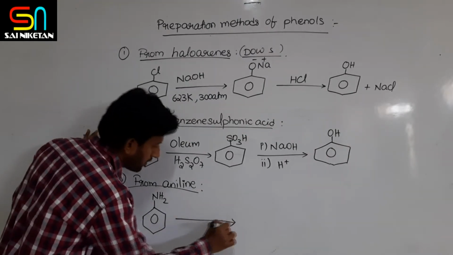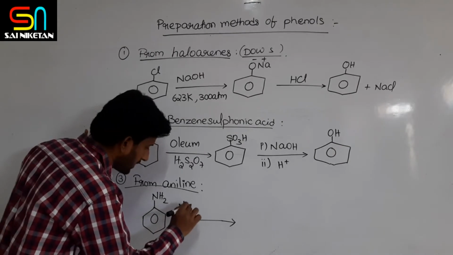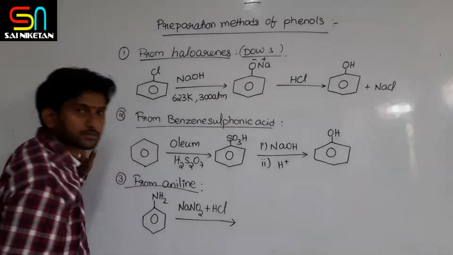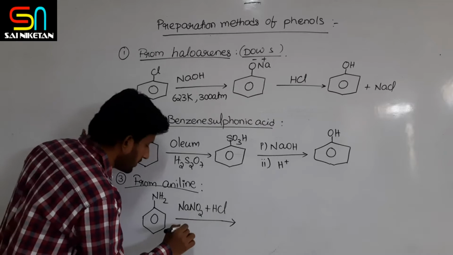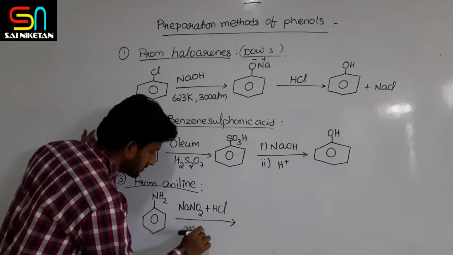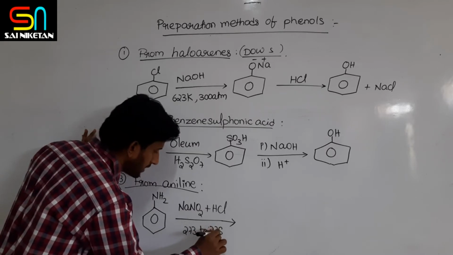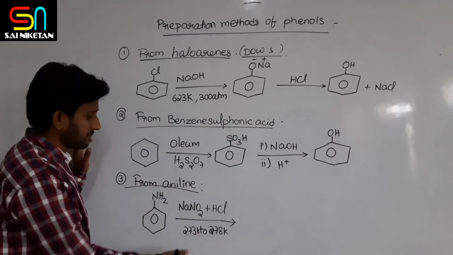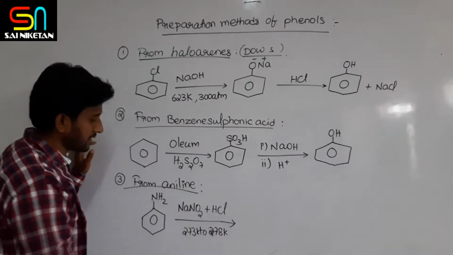Aniline on reaction with sodium nitrite mixture with HCl. Okay? Basically this is at 273 to 278 kelvins of temperature, or sometimes it is written 0 to 5 degrees Celsius.